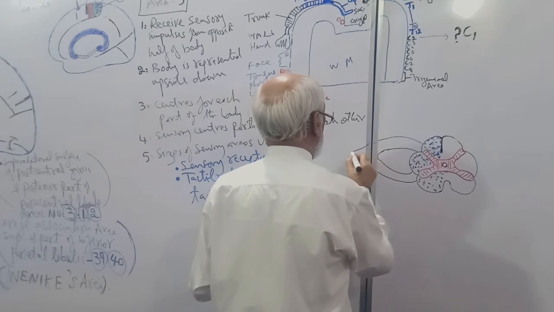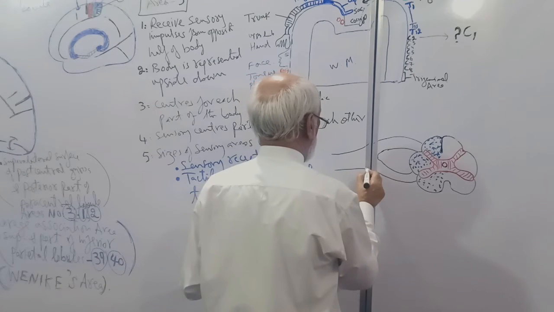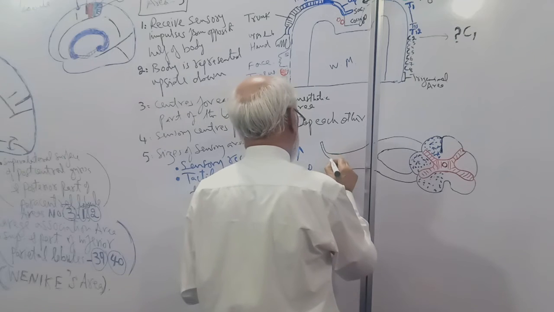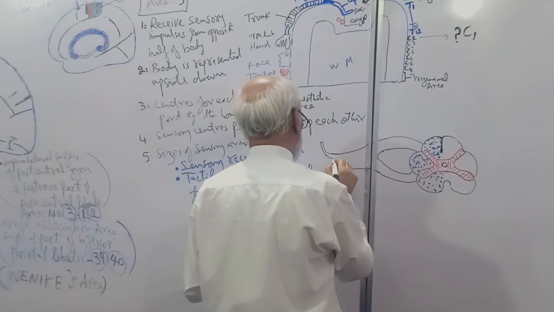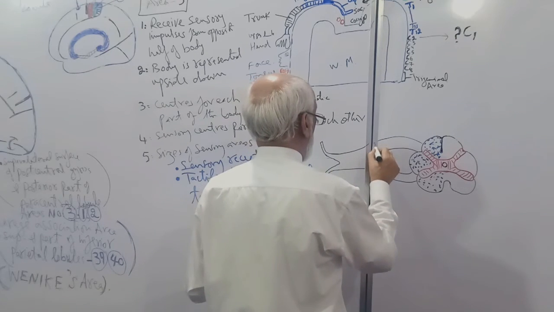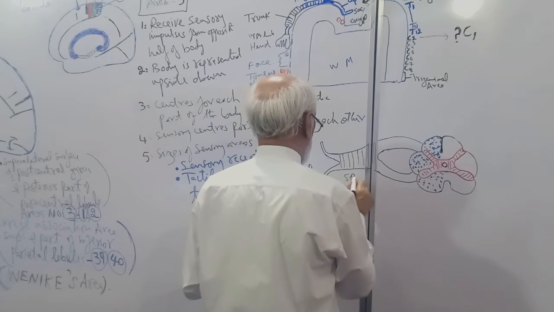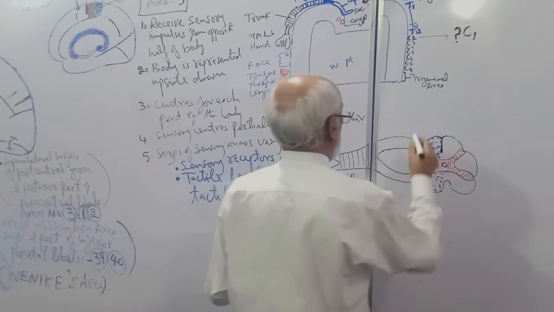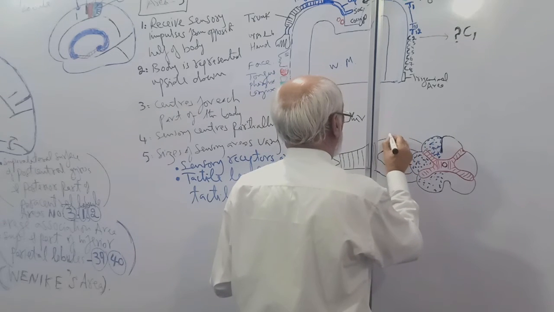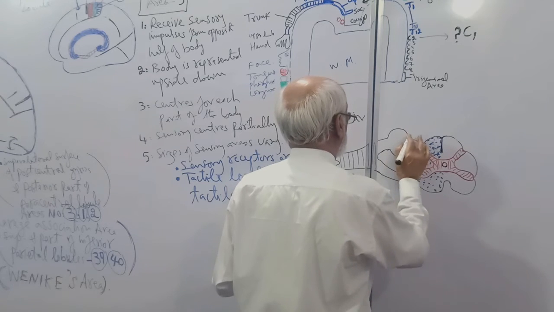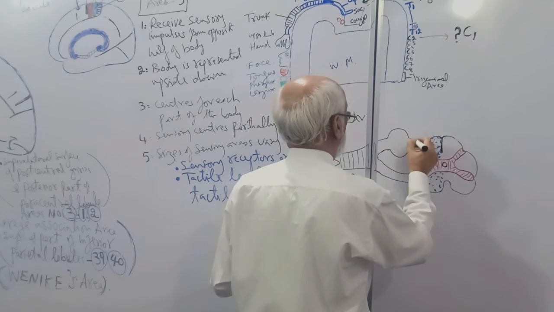The dorsal root and ventral root join together to form the spinal nerve, and the spinal nerve then divides into rami, a ventral ramus and a dorsal ramus. This is the spinal nerve. So this is the dorsal root. Dorsal root is characterized by the presence of a spinal ganglion, and this is the ventral root.